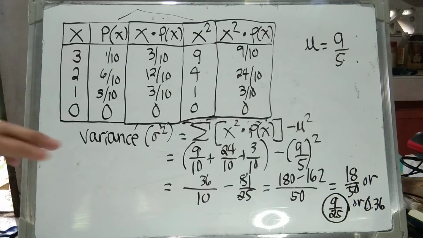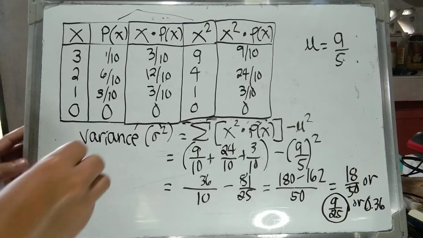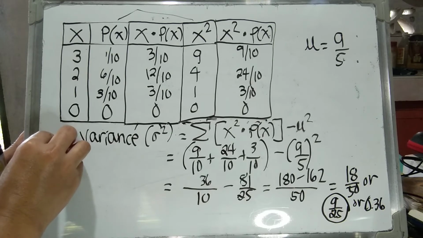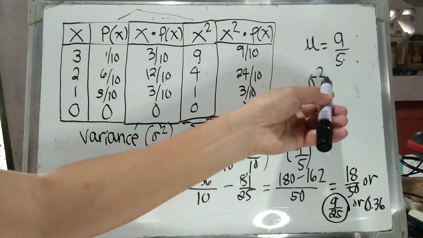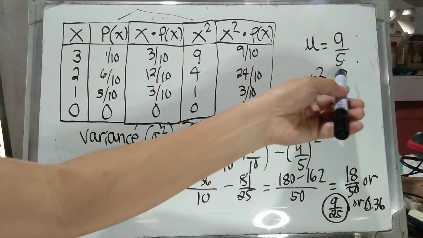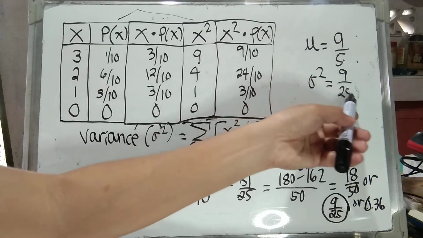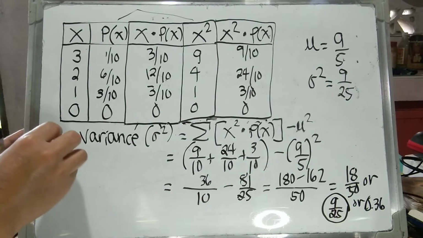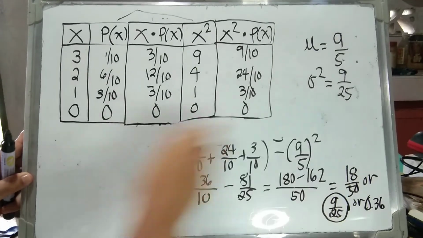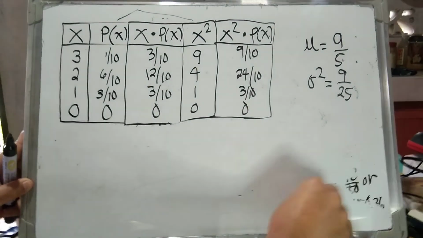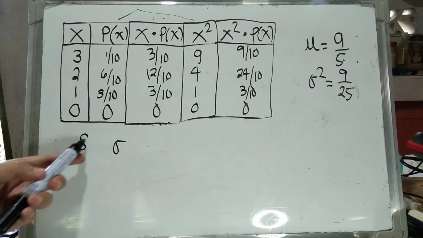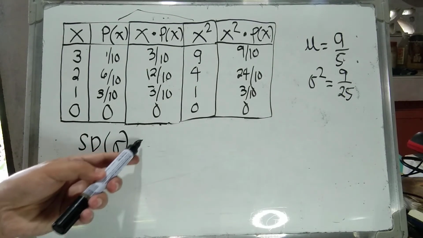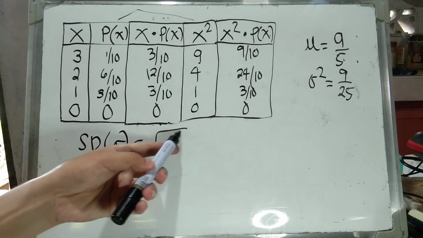Now, let us proceed to the standard deviation. Let us first record our sigma squared, which is equal to 9 over 25. For the standard deviation, denoted as SD, this is just the square root of our variance.